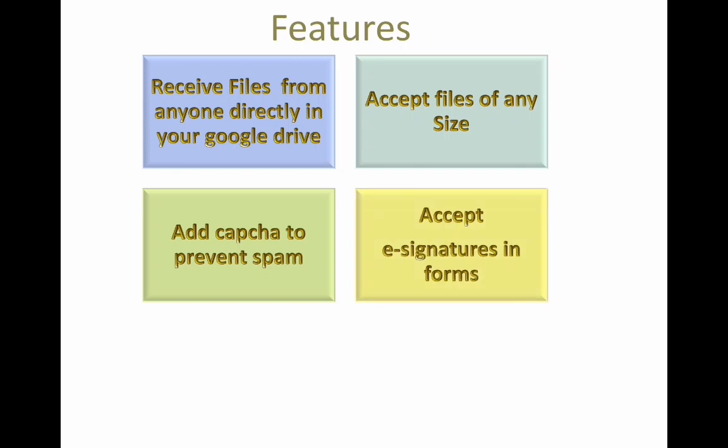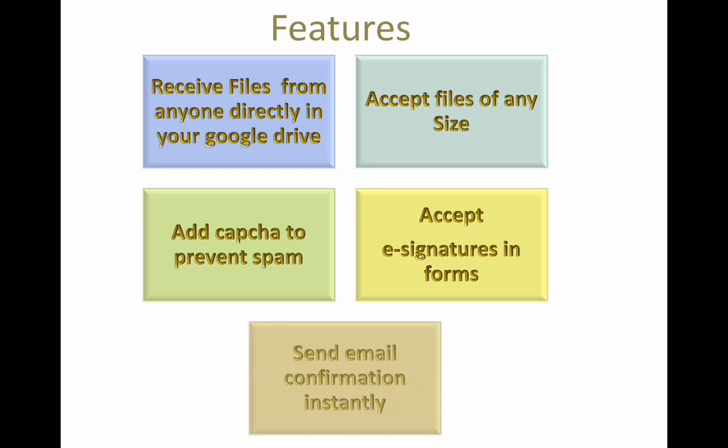So the respondent who is filling in the information, who is uploading different types of information like CVs and assignments, has the option of e-sign also. He can put his e-signature in the forms. After that, the email confirmation is sent instantly.